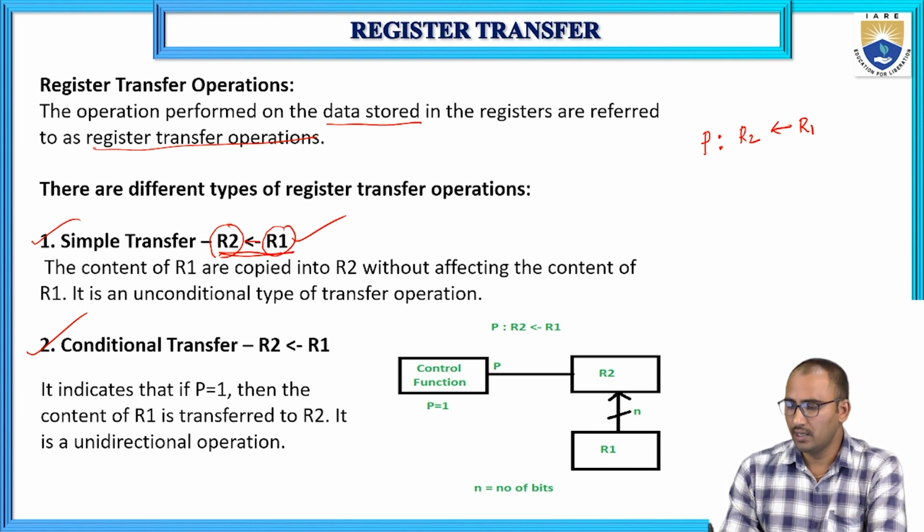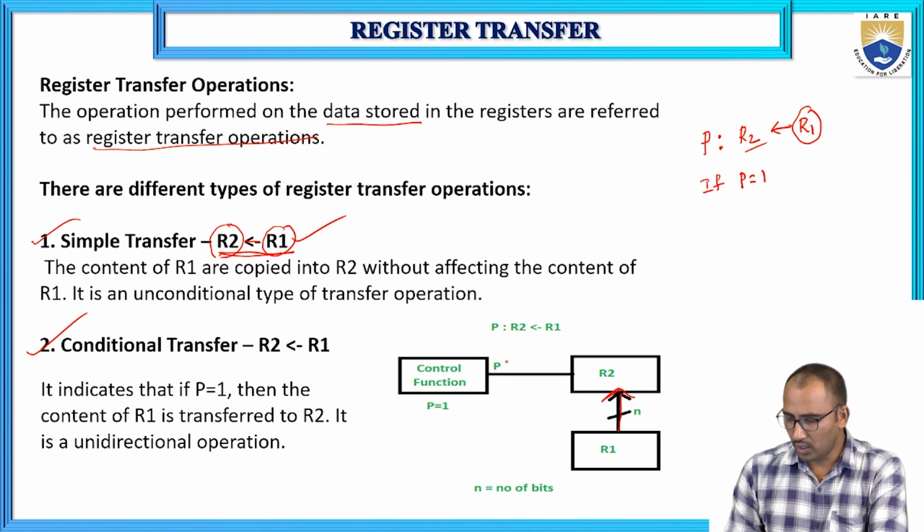What does it indicate? The contents of the R1 register will be transferred to R2 only if P is equal to 1. If P is equal to 1, then only the contents of R1 will be transferred to the R2 register. That is the second register transfer operation.